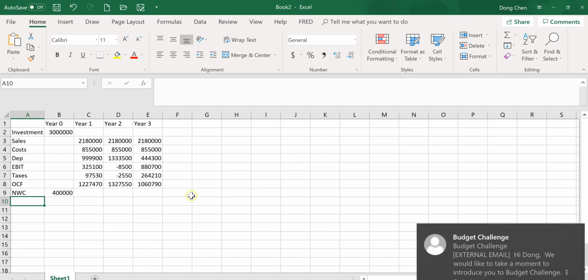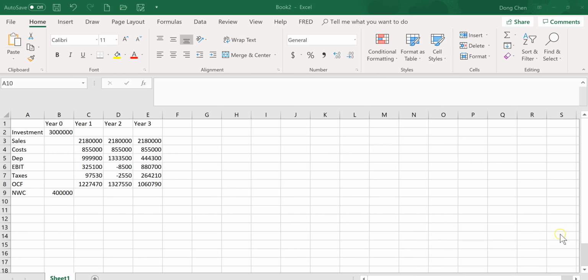But we know that we also mentioned this in our lecture slides. I think in most cases, by the end of the project, all the accounts payable will be paid, all the accounts receivable will be collected, all the inventories will be depleted. So that means all the net working capital, because net working capital is current assets minus current liabilities, will be returned by the end of the project life.